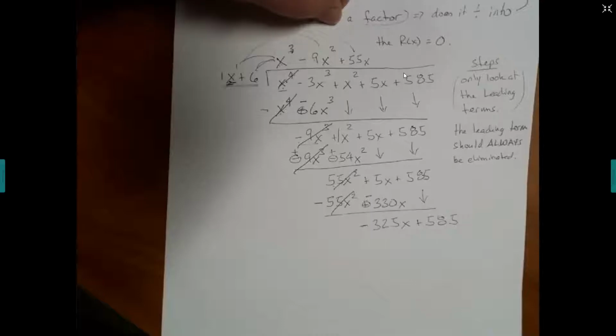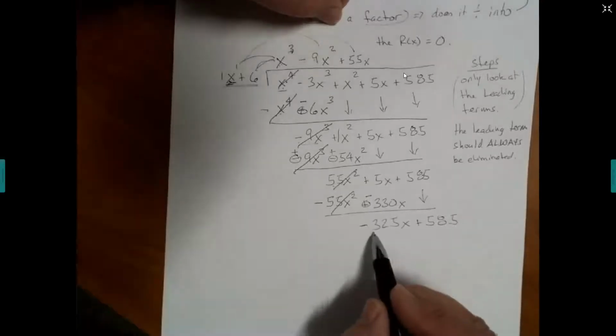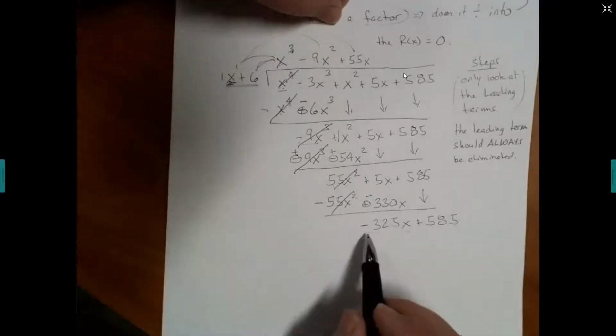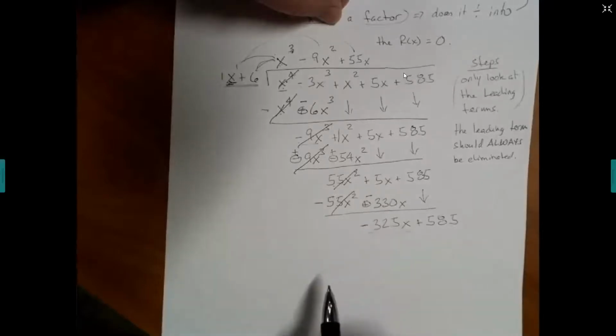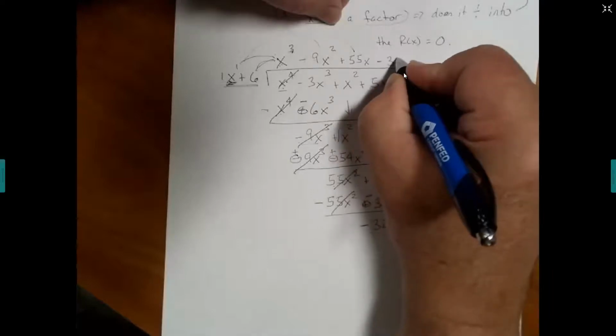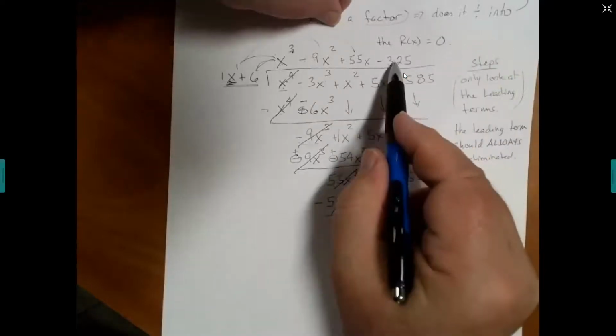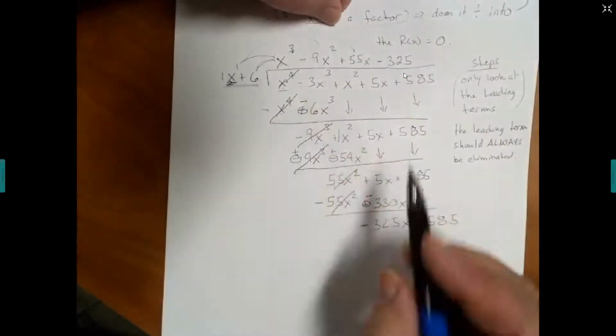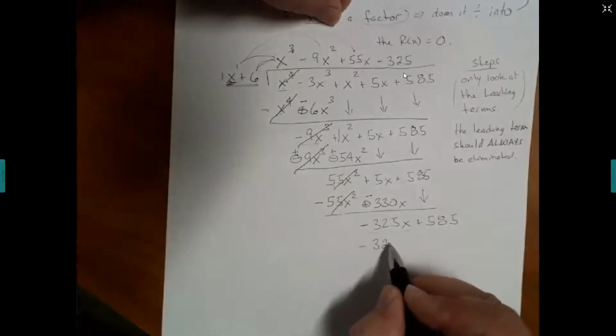Repeat the process. Look at the leading terms. What times x gives us negative 325x? Negative 325. So negative 325 times x is negative 325x.